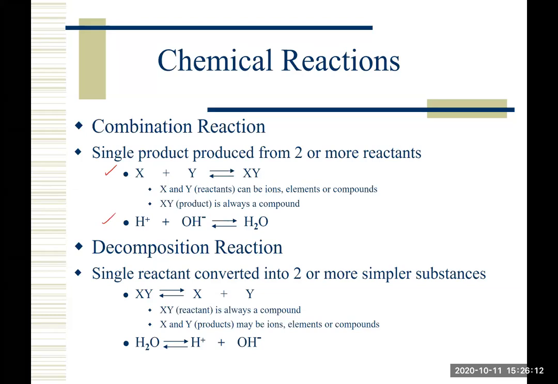The decomposition reaction has a single reactant that's converted to two or more simpler substances in the product. And so the generic reaction shows XY, a compound, being decomposed into simpler substances X and Y. The reactant is always going to be a compound in a decomposition reaction, but the product could be ions, could be elements, or could be a compound or more than one compound.